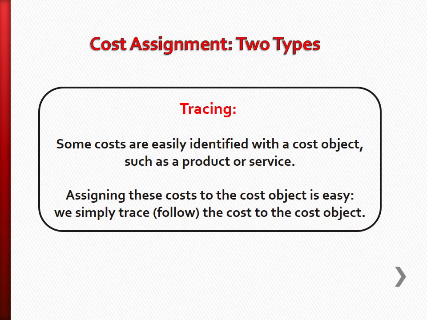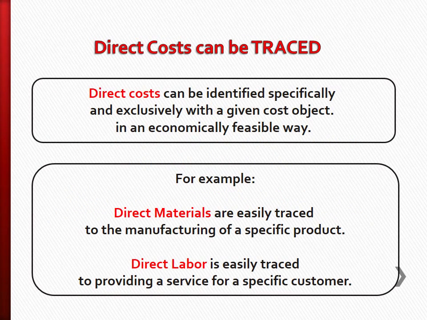Assigning these costs to the cost object is easy. Literally, it's easy to identify the quantity of materials, the quantity of labor associated with the cost object. Okay, so direct costs can be identified specifically and exclusively with a given object in an economically feasible manner.